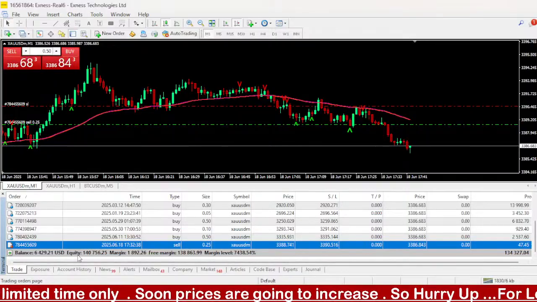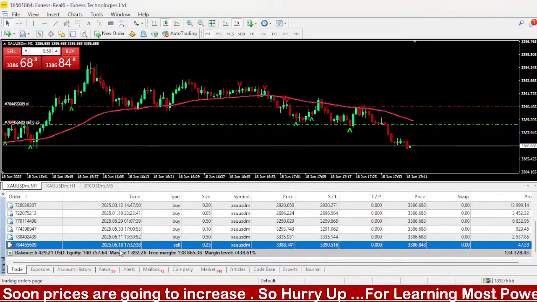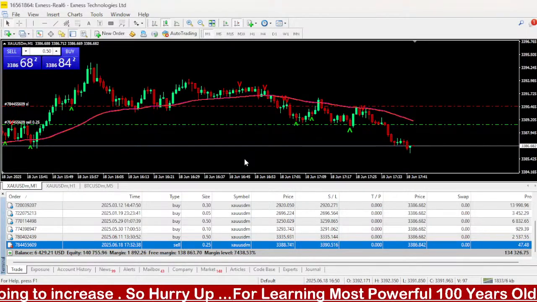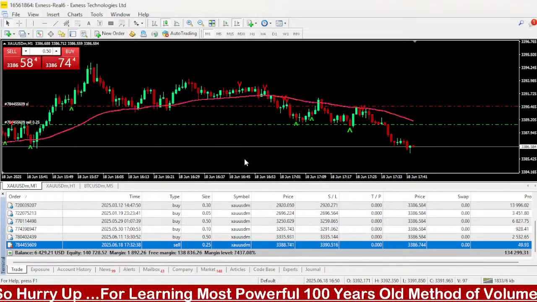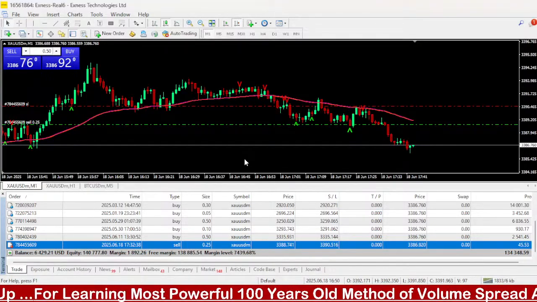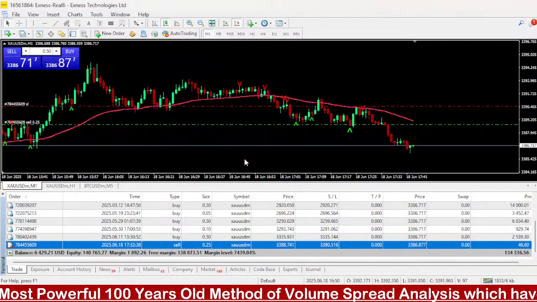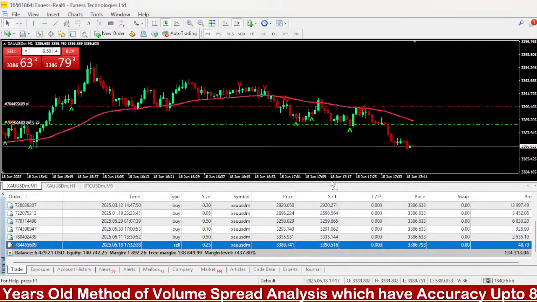I usually don't book profits because my target is 5,000 for gold, so that's why I don't book profits. But of course it's a sell trade and it's a short term scalping trade, so that's why I am booking some profits.